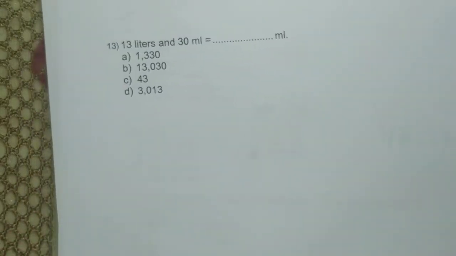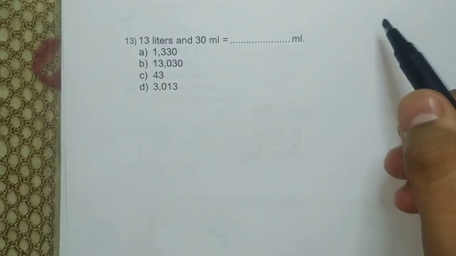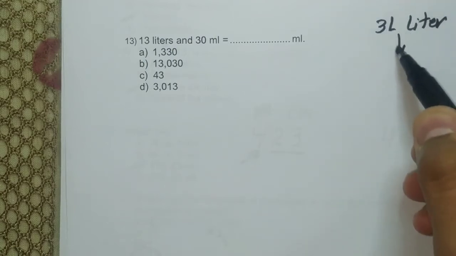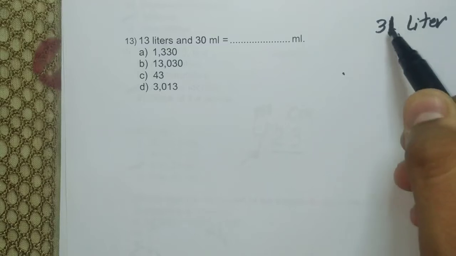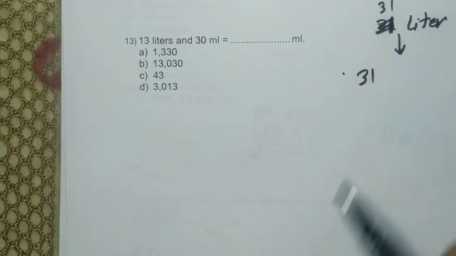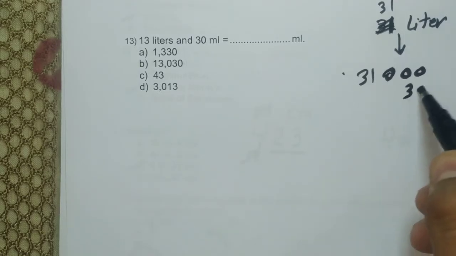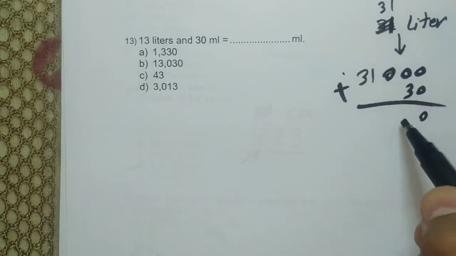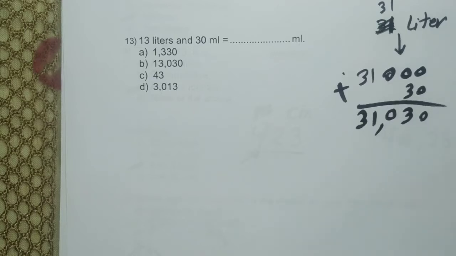Another example, number 13. 13 liters and 30 milliliter equals 13 liter. 13 liter will be 13,000 milliliter plus 30 milliliter. 0 plus 0 is 0, 0 plus 3 is 3, and drop 3, 1, 3.